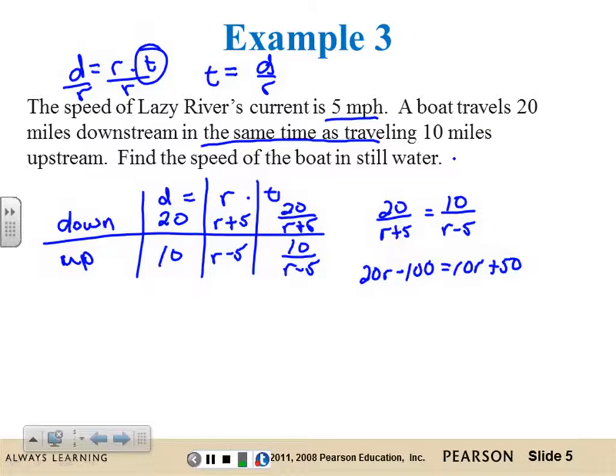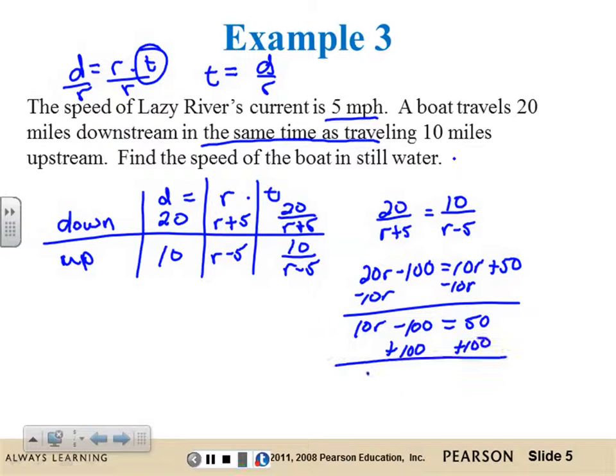And you know how to solve this. So if I subtract 10r from both sides, I'm going to have 10r minus 100 is equal to 50. And then if I add 100 to both sides, I'm going to have 10r is equal to 150, and divide both sides by 10, I'm going to have r is equal to 15.